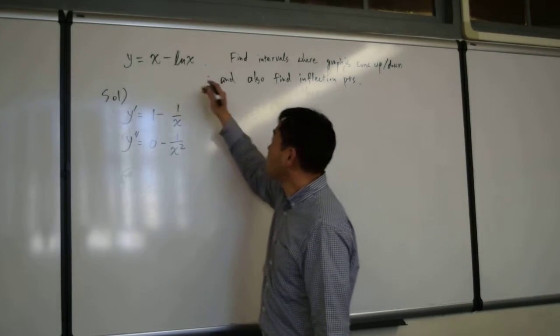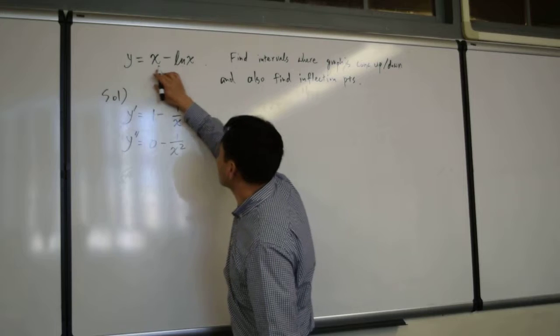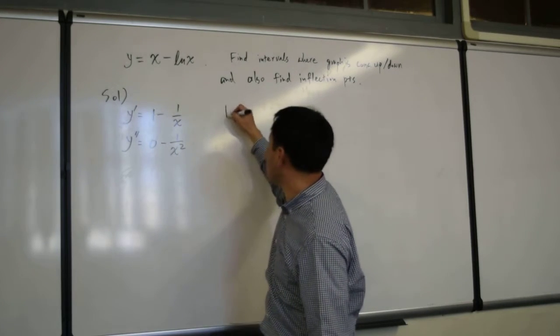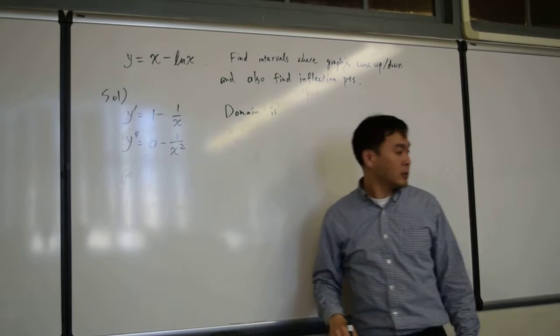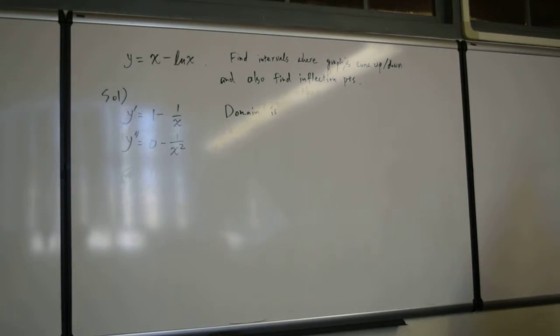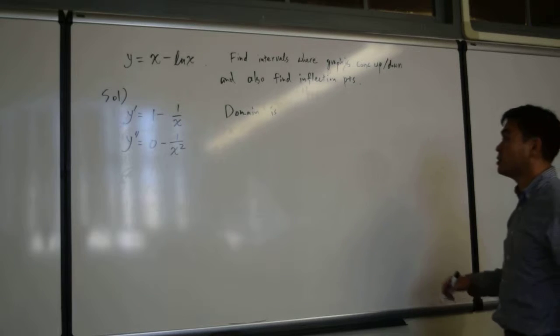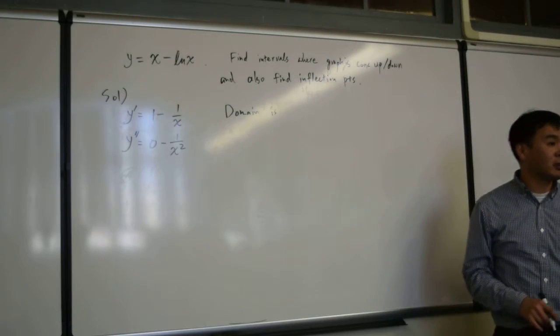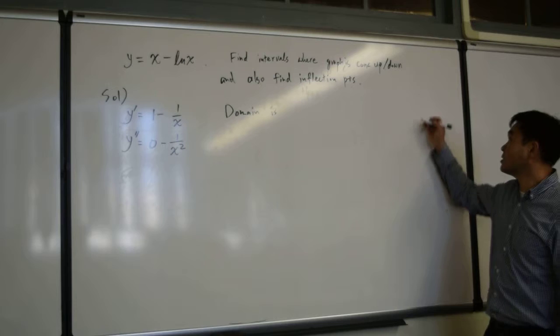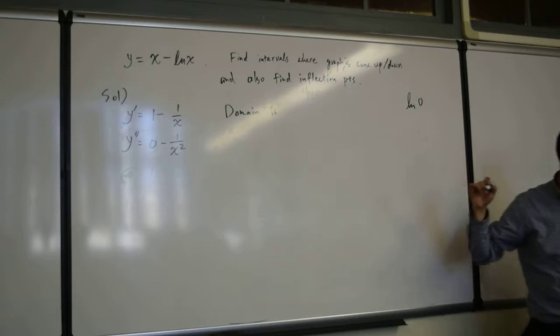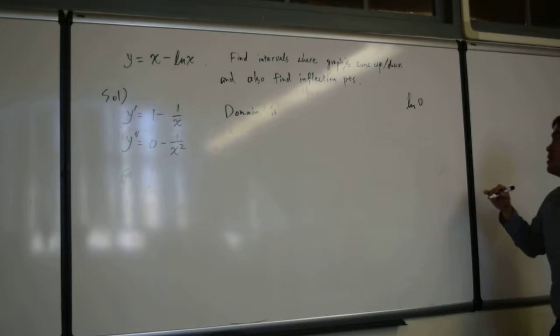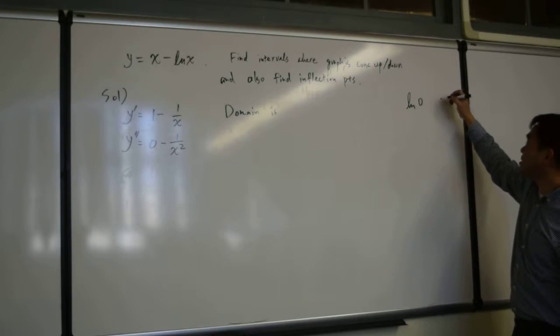Now it's important to know the domain for this function. So what's the domain? Are you allowed to have negative numbers in log? No. Are you allowed to have 0 inside log? What's log of 0? Let's think about it this way.